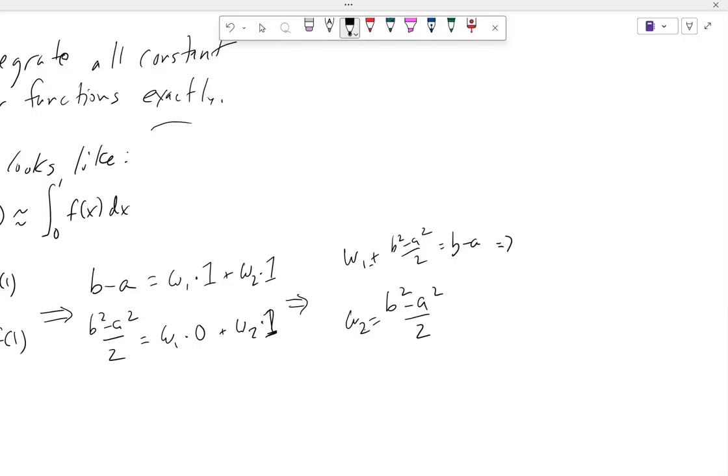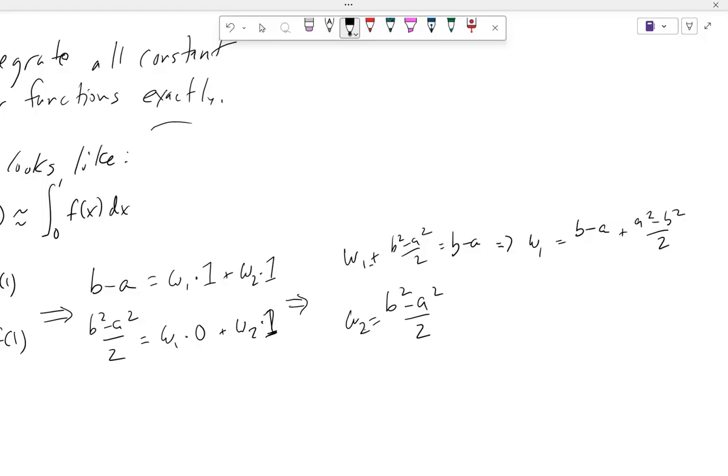So our W1 then is b minus a, and then we flipped around, plus a squared minus b squared over 2. Oh, I know, that looks weird.